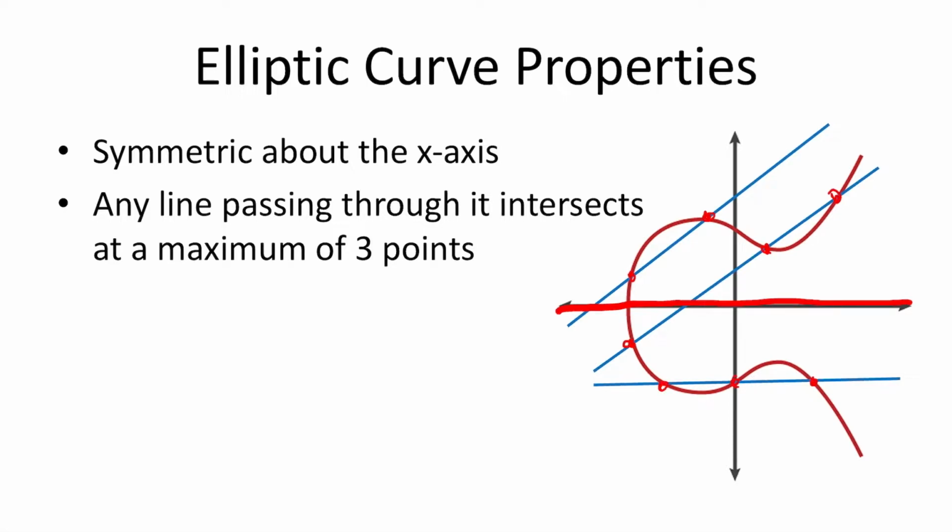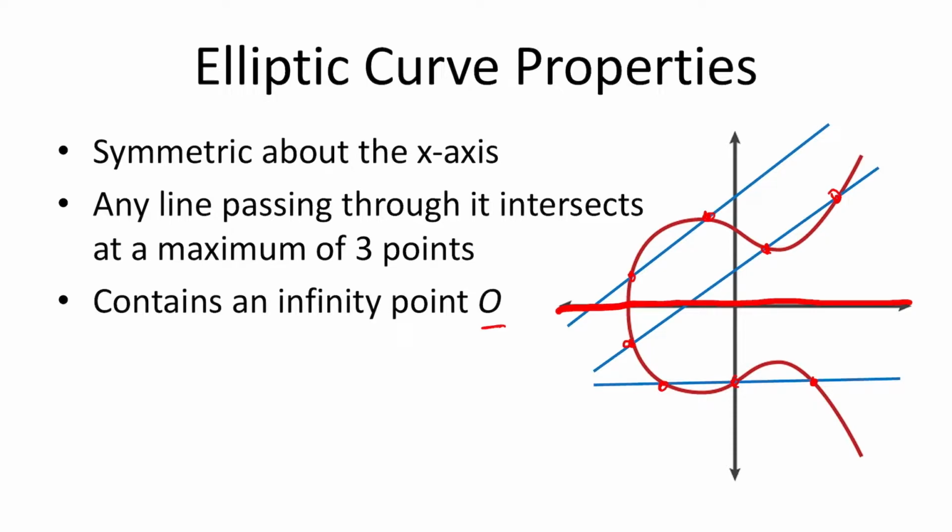Another property of elliptic curve is that it contains one infinity point, referred to as capital O. It is the identity element of elliptic curve arithmetic, and we will talk a little bit more about it later. But it is technically not shown on the elliptic curve. This is a hypothetical point that we use in elliptic curve cryptography.